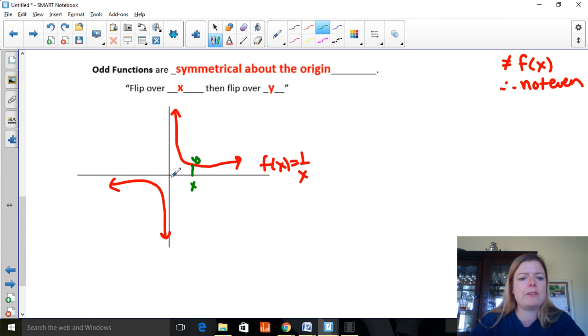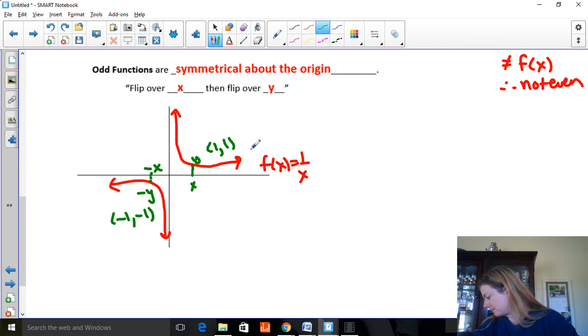And if you go over that same amount in the negative direction, negative x, you'll get the same amount this way as you did this way, so you get negative y. So for instance, if I have 1, 1 in this function, on this side of it, I would have negative 1 over here.